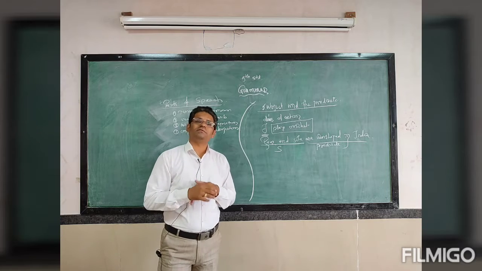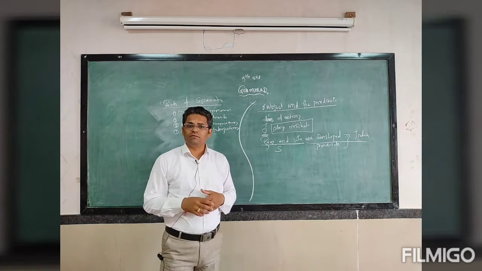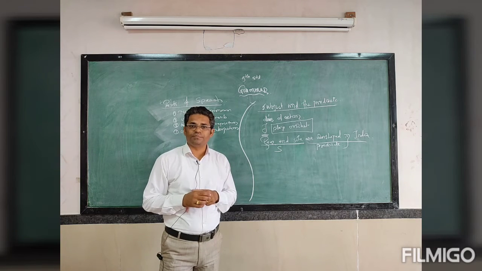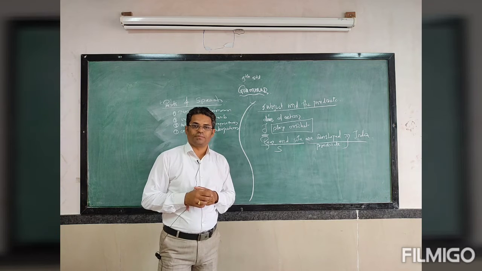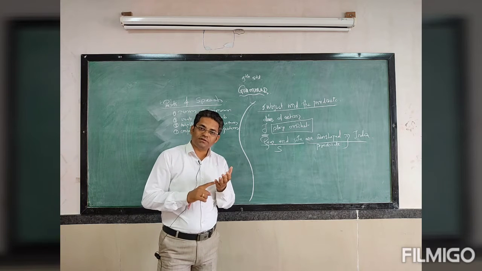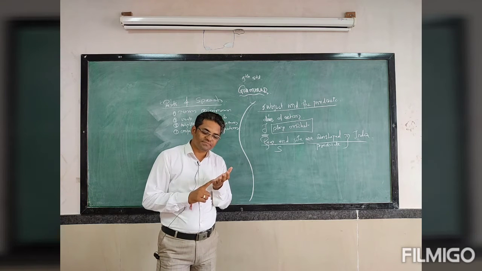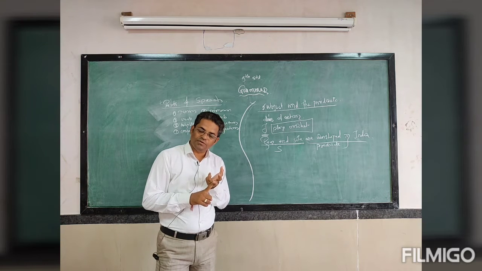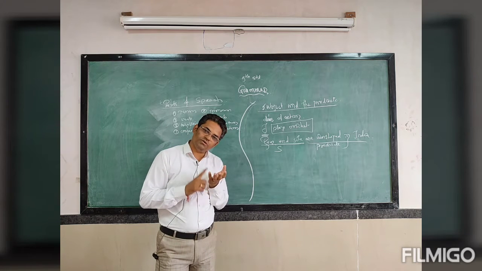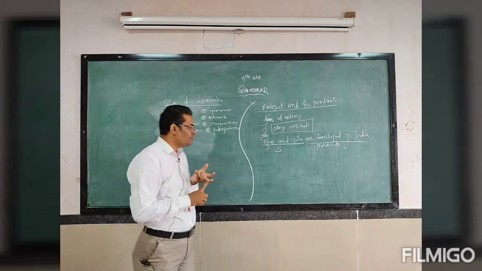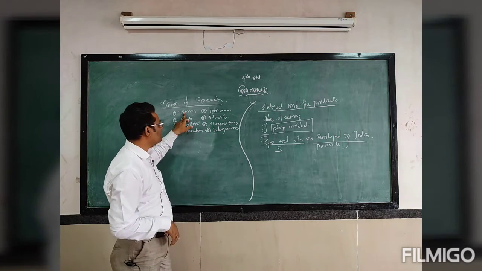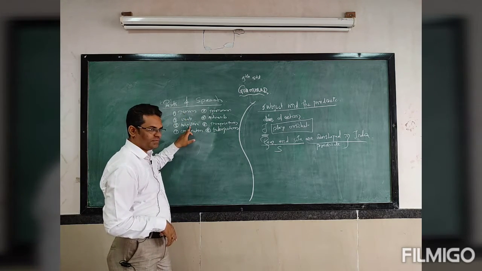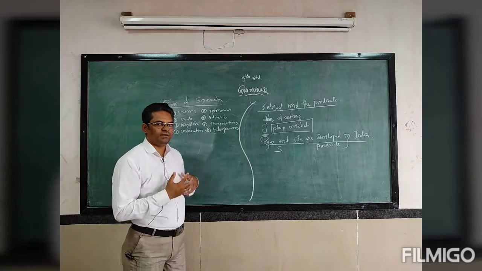For example, you will say, sir, is a clause a part of speech? Surely. Clauses come from what? Noun clause, adjective clause, adverb clause. Noun clause comes from noun, adjective clause comes from adjective, adverb clause comes from adverb.